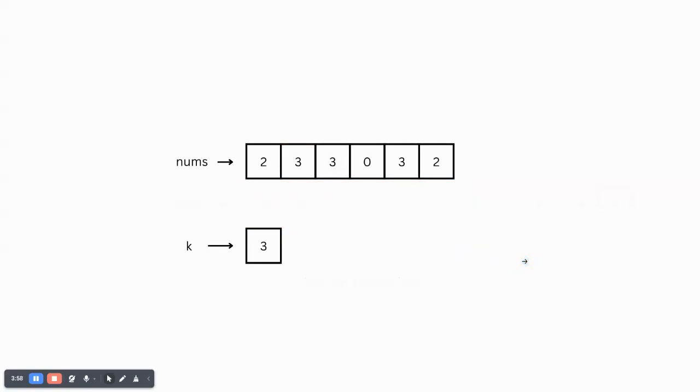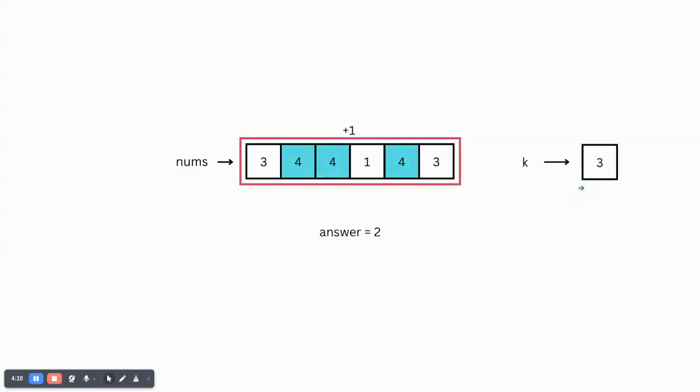What I mean by that is, in this case, if we are required to maximize the occurrence of 3, we might think, since 2 has the highest frequency, we should select 2 and change that to 3, but that would give us a bad answer, because we're going to lose the 3 threes in the middle.